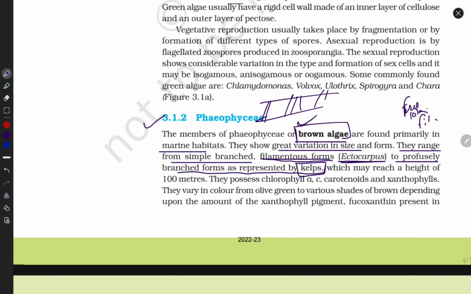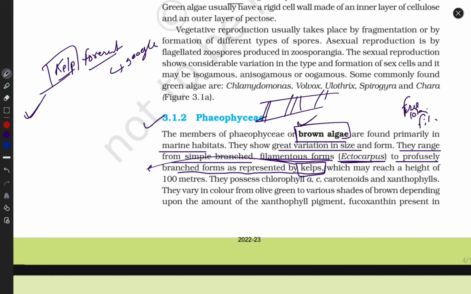Okay guys, let's talk about it in detail. Have you heard about kelp forest? You can check it on Google also, guys. Kelp forests are helpful to maintain ecosystem balance in the aquatic medium. So they maintain the aquatic ecosystem.